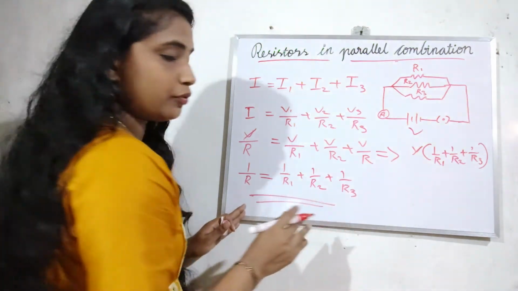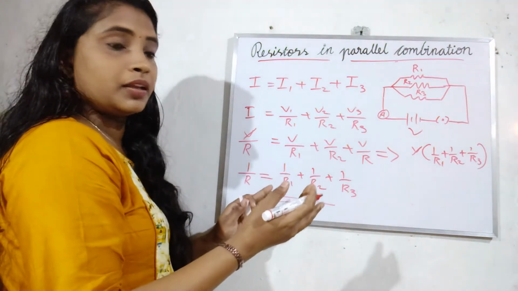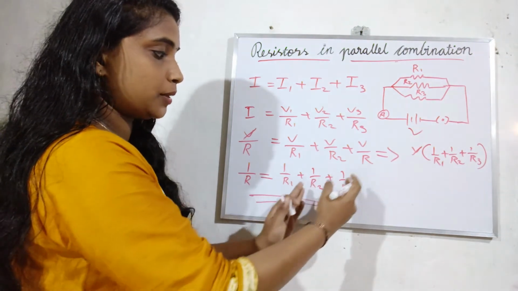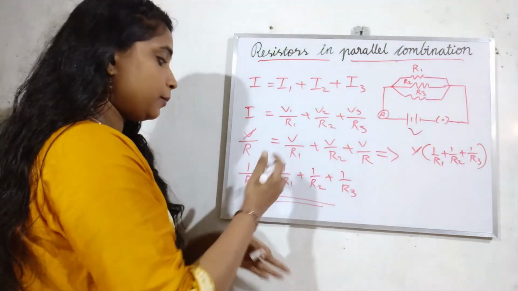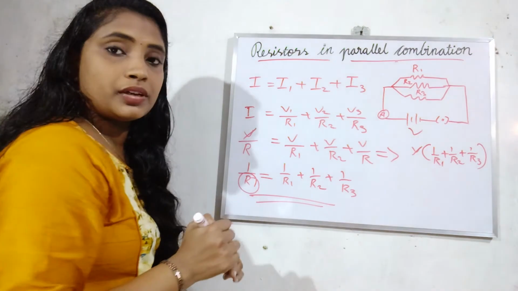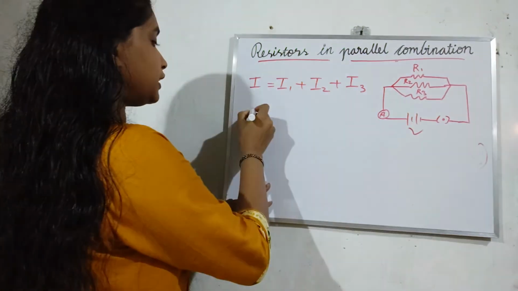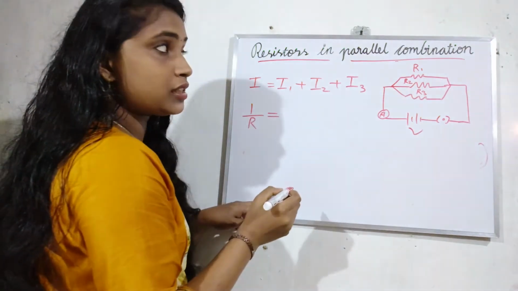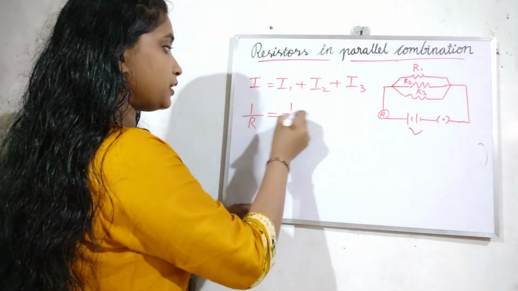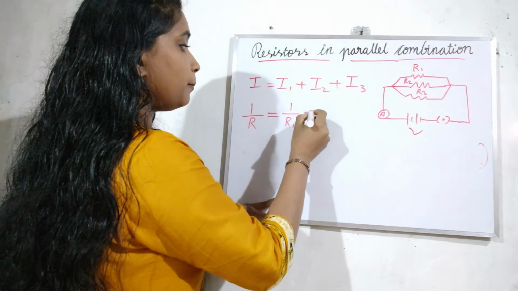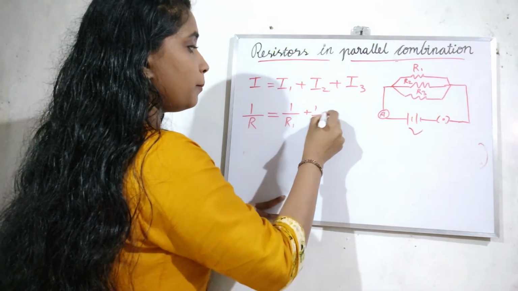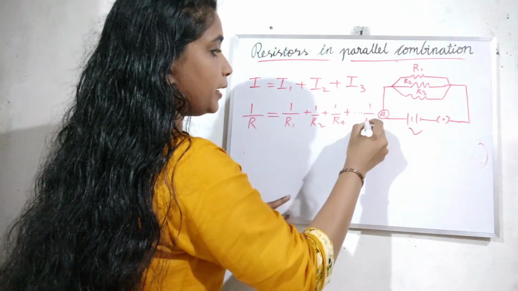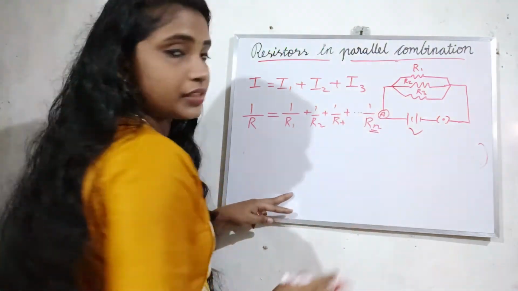So after finding the quantity 1 by R1 plus 1 by R2 plus 1 by R3, we can take the reciprocal to find the effective resistance in the circuit. The effective resistance R of a combination of resistors in parallel can be represented as 1 by R1 plus 1 by R2 plus 1 by R3 plus and so on up to 1 by Rn for n resistors.